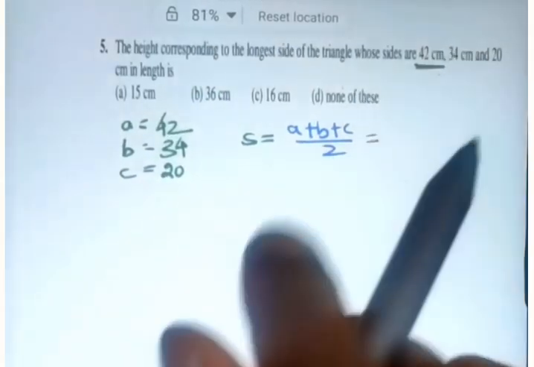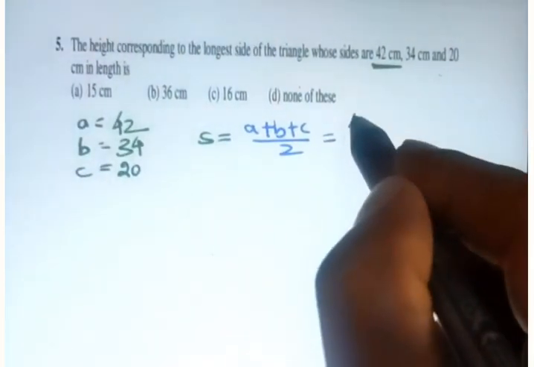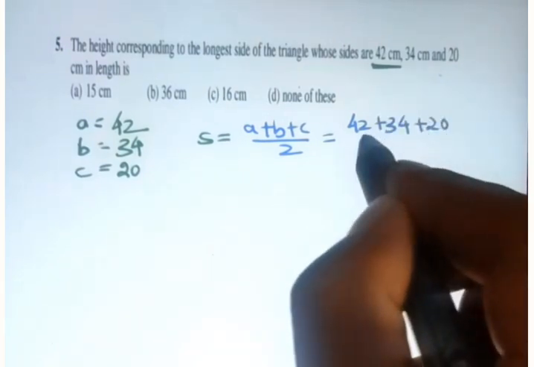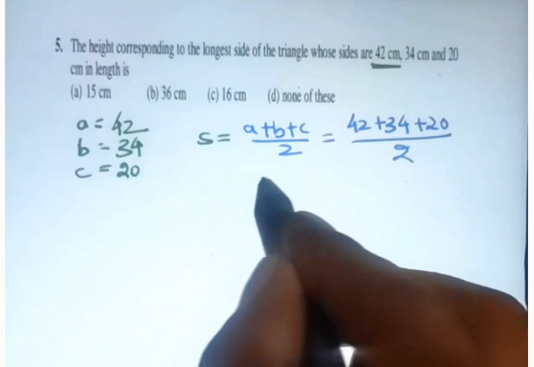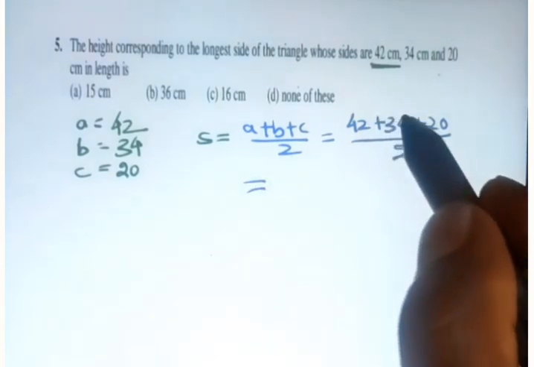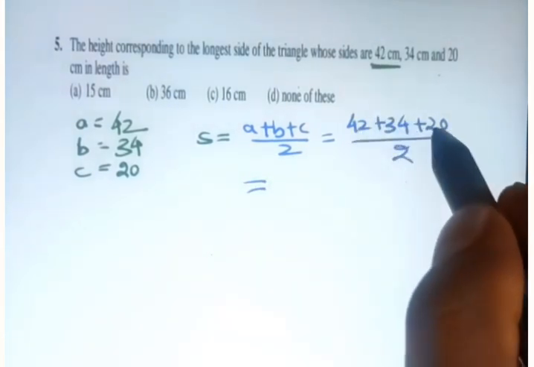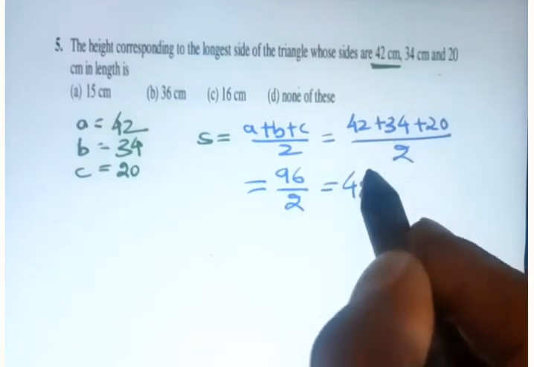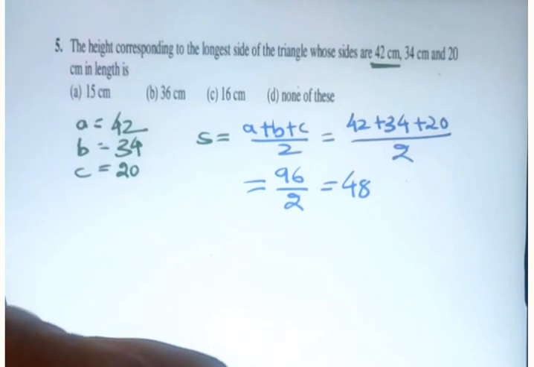So 42 plus 34 plus 20 upon 2. 42 plus 34 is 76, plus 20 is 96, upon 2, which is equal to 48.